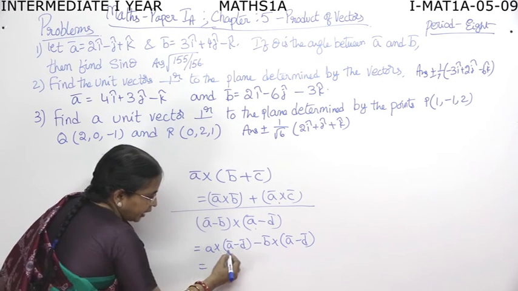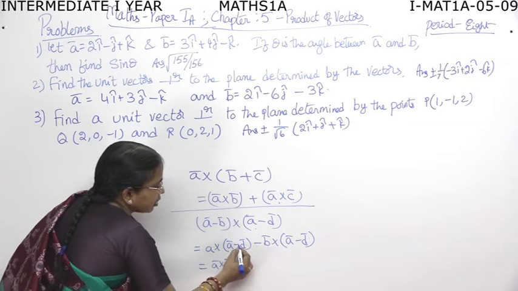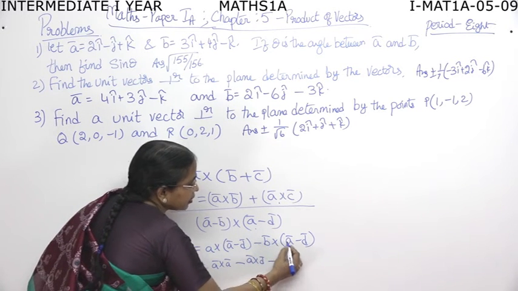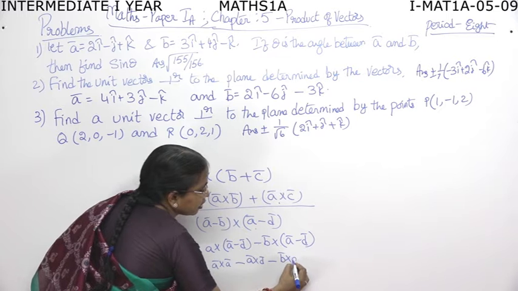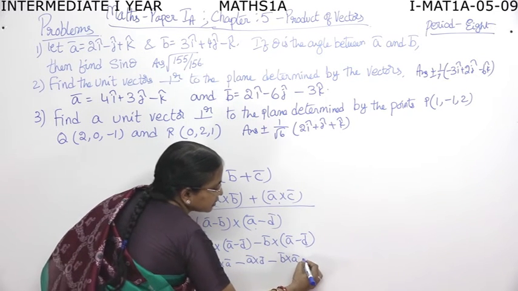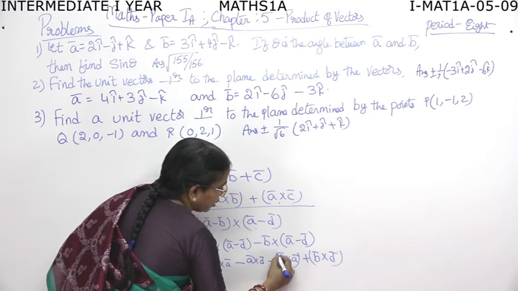So it is A cross A minus A cross D minus B cross A. So minus B cross A. Minus of minus is plus B cross D. So like this we'll write. These are all the cross products.